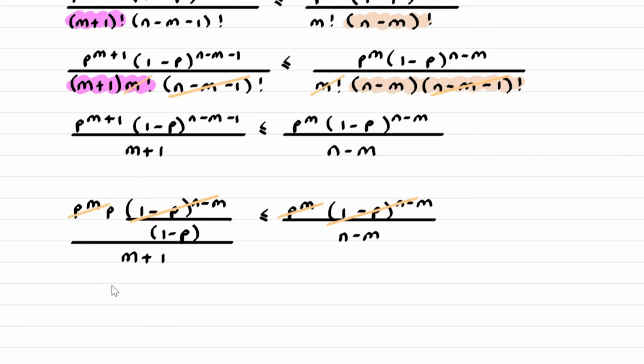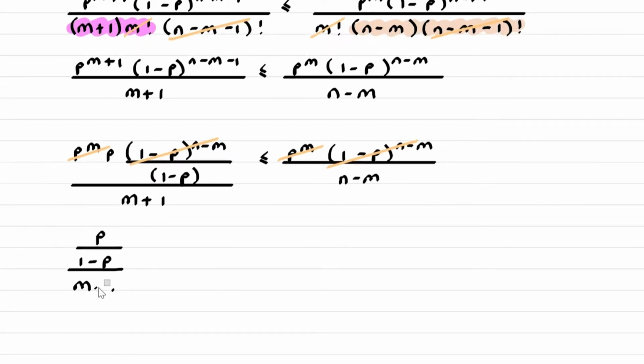so I'm left with, over here, p over 1 minus p over m plus 1, and this is less than or equal to 1 over n minus m.